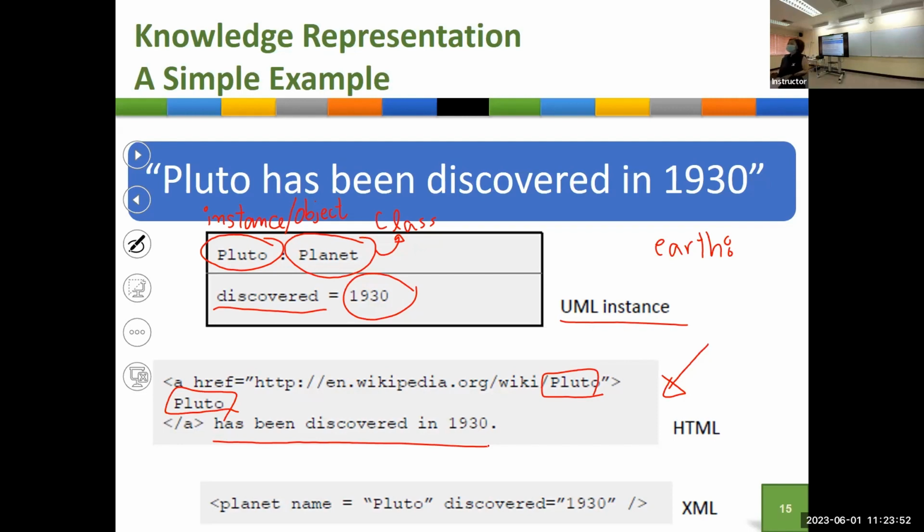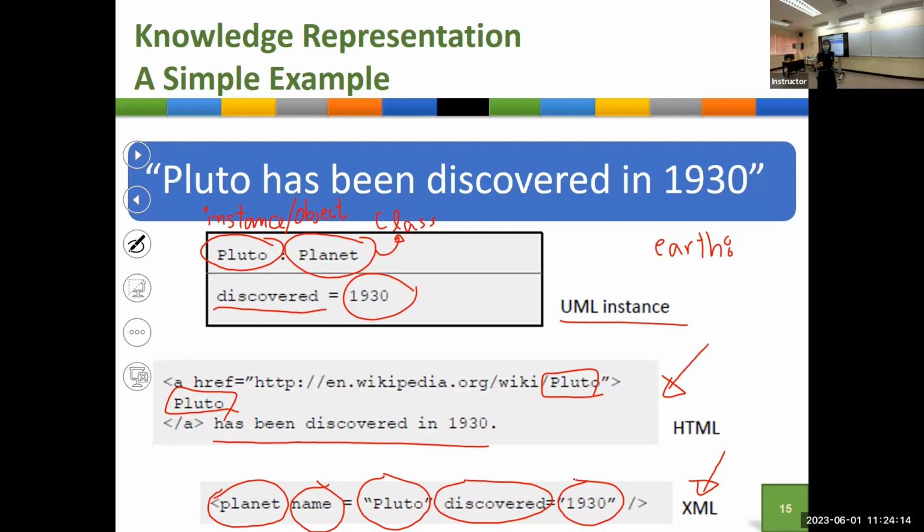So this is not a very formal and structured way. The third one, XML: you can define a tag, planet, attribute name with the value Pluto, attribute discover with the value 1930, and that's it. That is also possible in XML.